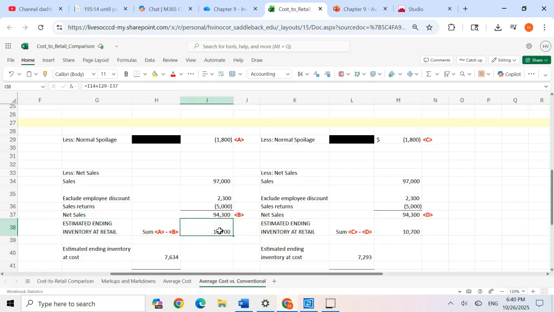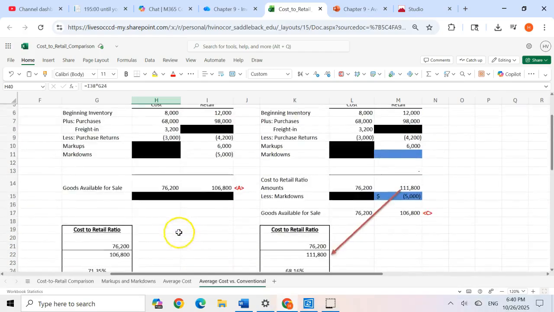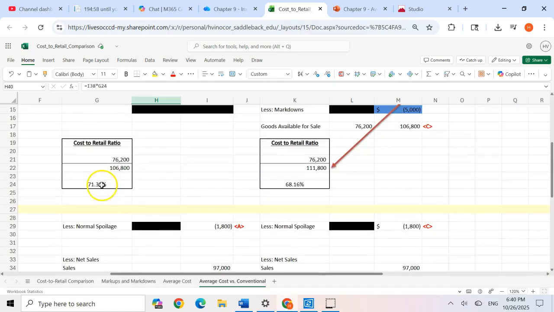Here's where the differences come in, and this has to do with the markdowns being excluded in the cost to retail ratio for the conventional method. We're going to take our ending inventory at retail and multiply it by our cost to retail ratio, which is 71% here and 68% in the conventional method.